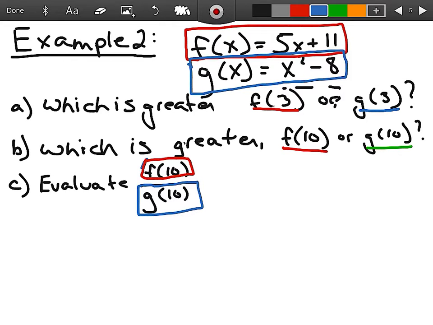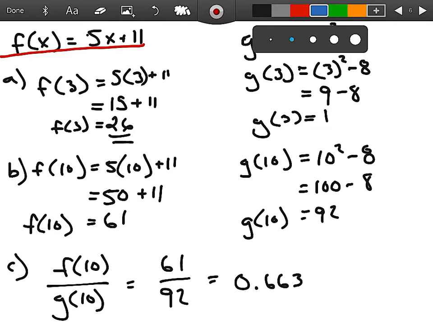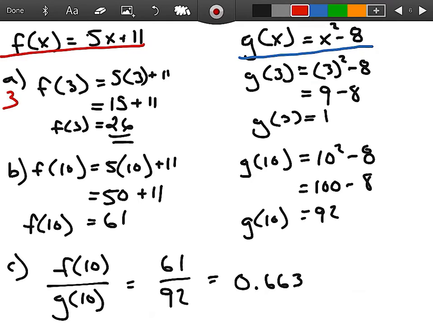Okay, so I'm going to go to my next slide here. Here is still our same functions. G of x is on the right and f of x is on the left. So remember, for number A, we wanted to know what it looks like with a 3.